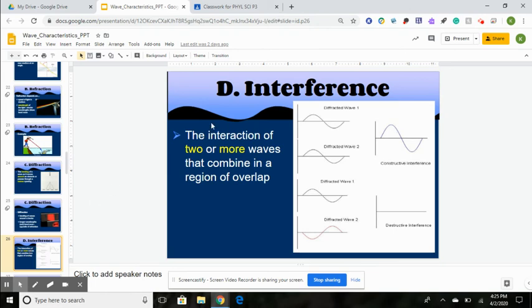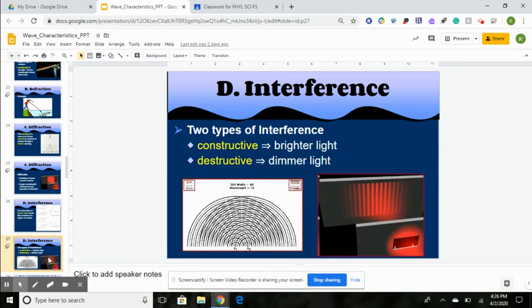Interference depends on the kind of waves interacting. Interference is when waves combine in a region of overlap. We'll talk about the two types: constructive, where you end up getting a larger wave, or destructive, where your wave gets smaller or cancels out altogether.